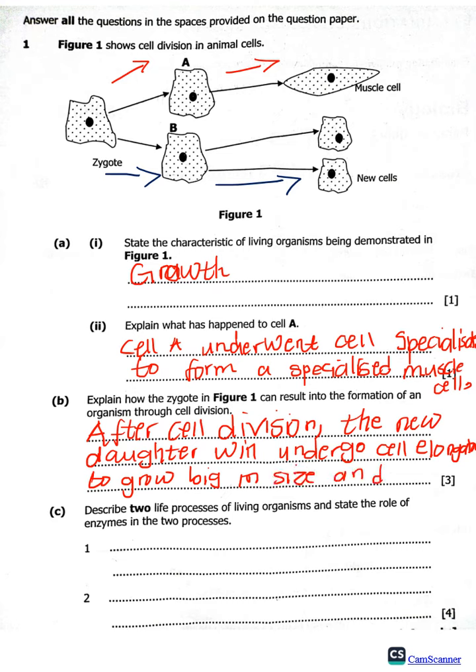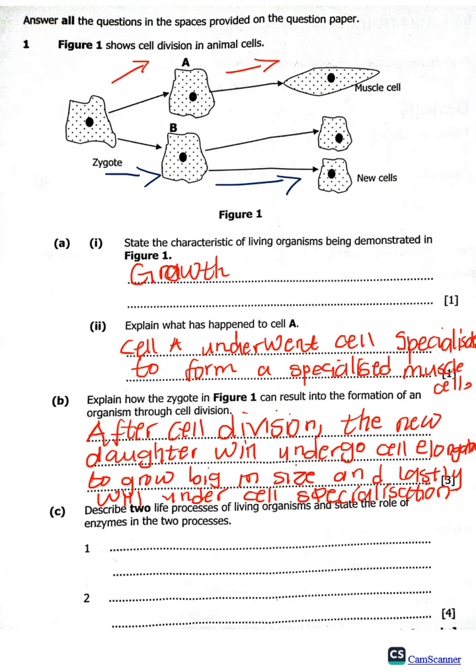And lastly, will undergo cell specialization. So this is how this zygote can result into the formation of an organism.